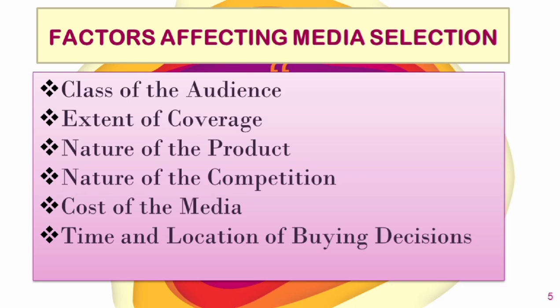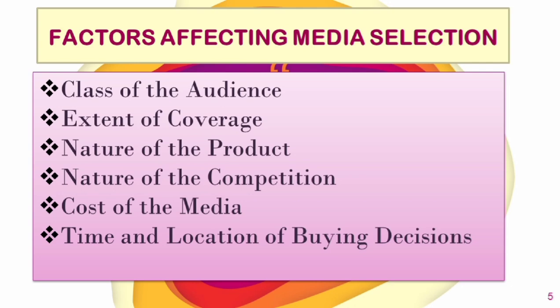Next, cost of the media. Cost of the medium in most cases is an important factor in selection of the medium. For example, magazine and newspaper advertisements are generally considered as less expensive than TV and radio advertisements. Next, time and location of buying decision.